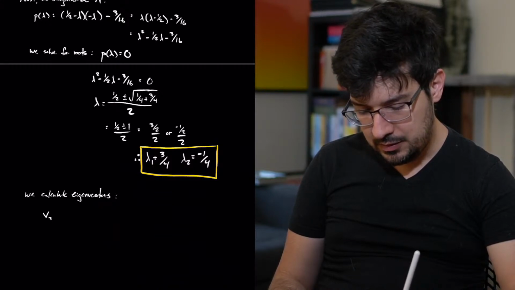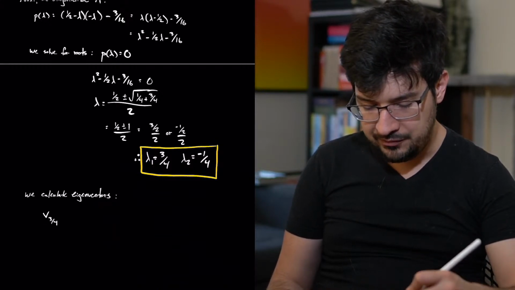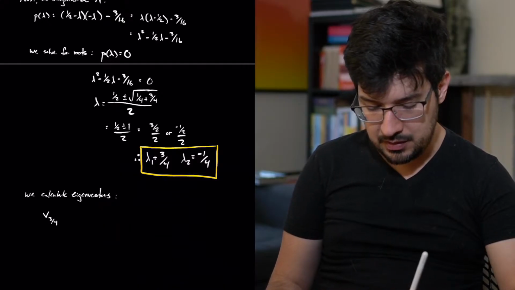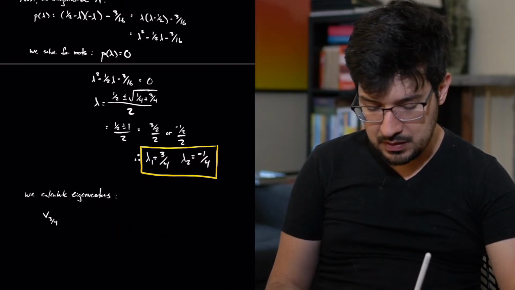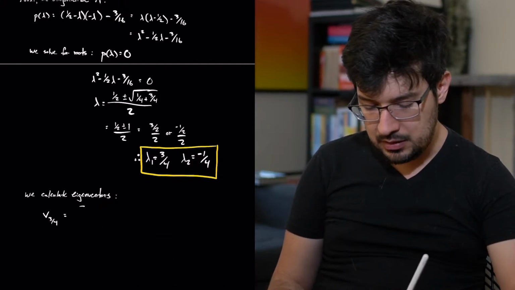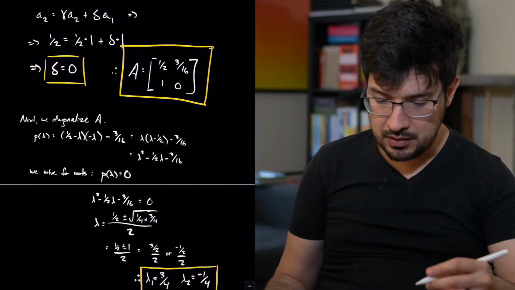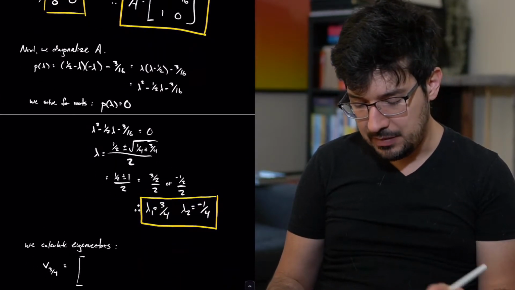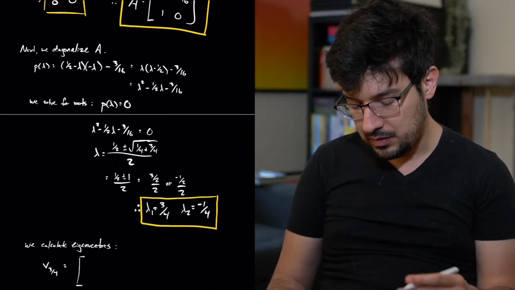Our eigenvector corresponding to lambda equals 3/4 is going to be the null space of A minus 3/4.